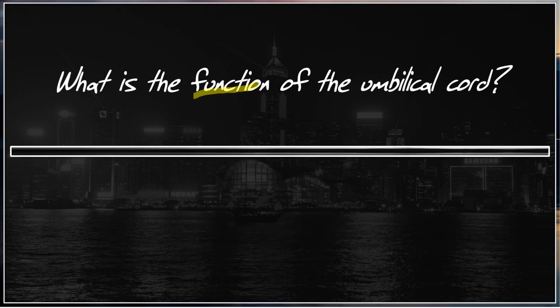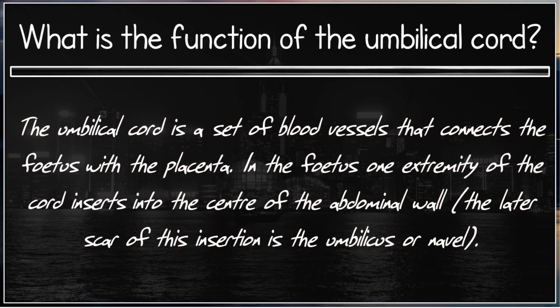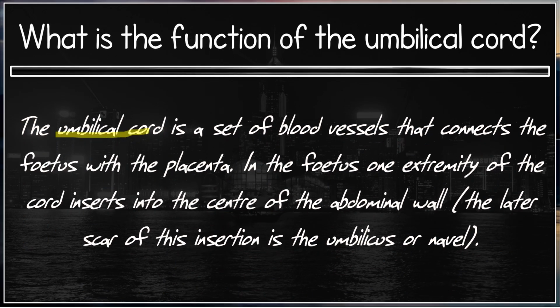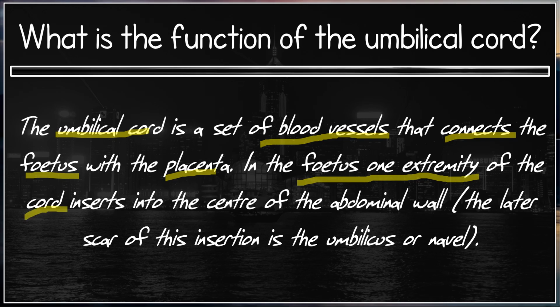What is the function of the umbilical cord? The umbilical cord is a set of blood vessels that connect the fetus with the placenta. In the fetus, one extremity of the cord inserts into the center of the abdominal wall.